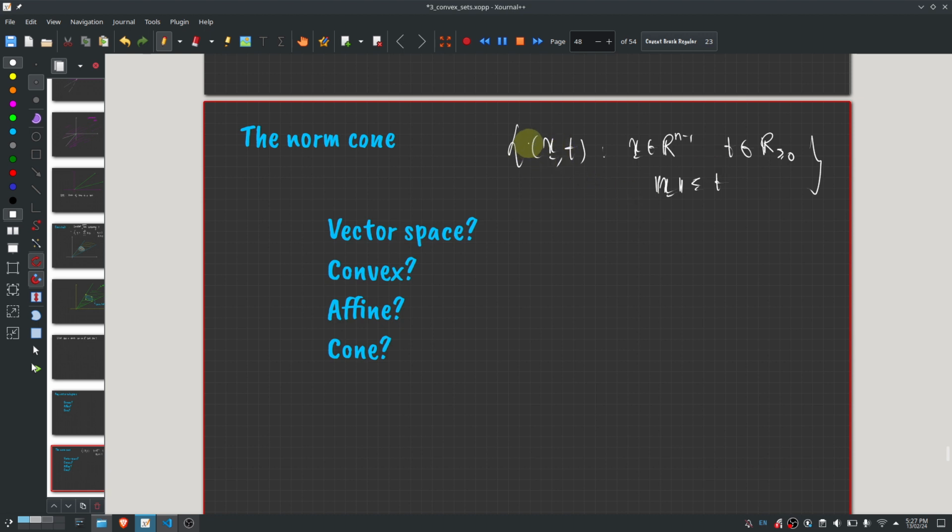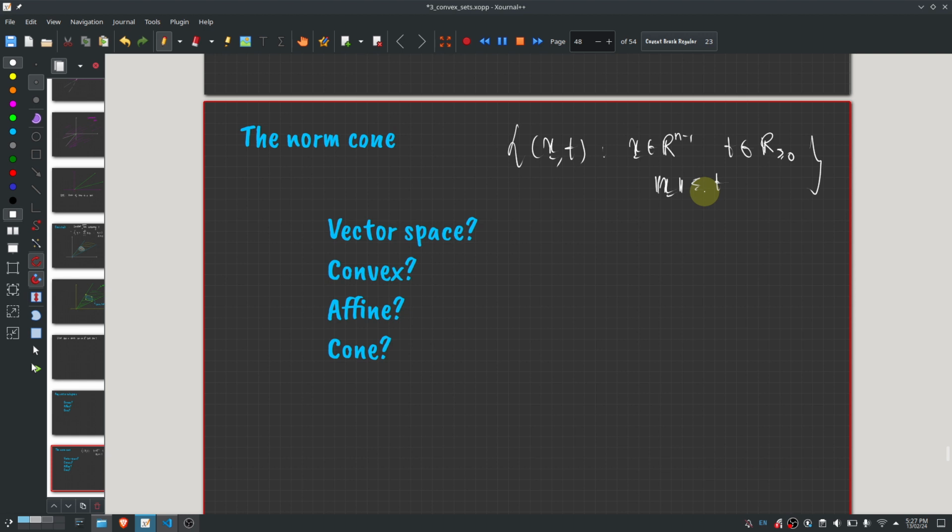So this is a vector in Rn. I take the first n minus 1 components and call it x. The last component I call t, and so this is the set of all such that norm x is less than or equal to t.